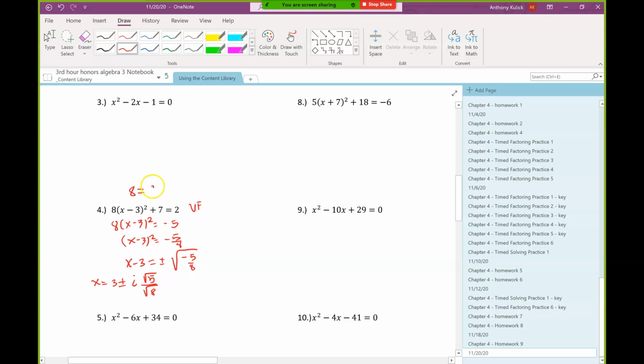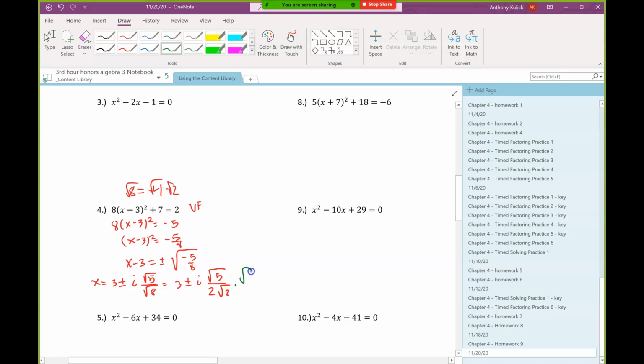And I can simplify the square root of 8. I recognize that 8 is 2 times 4. So the square root of 8 is the square root of 4 times the square root of 2. So that's just going to become 2 root 2. And we remember we don't like to leave a radical, square root in the denominator of our fraction.